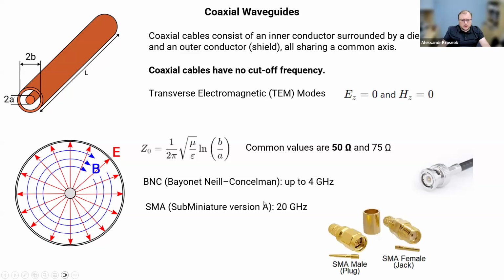And more popular is the SMA connector, subminiature version A connector, which can support frequencies up to 20 and actually higher and higher frequencies. Male and female, if you come to my lab, you will see a lot of them. I mean, these coaxial cables with these SMA connectors.